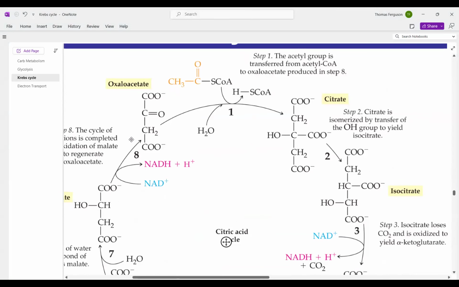Okay, I don't know what happened to OneNote. It just went blank, so I had to reload it.